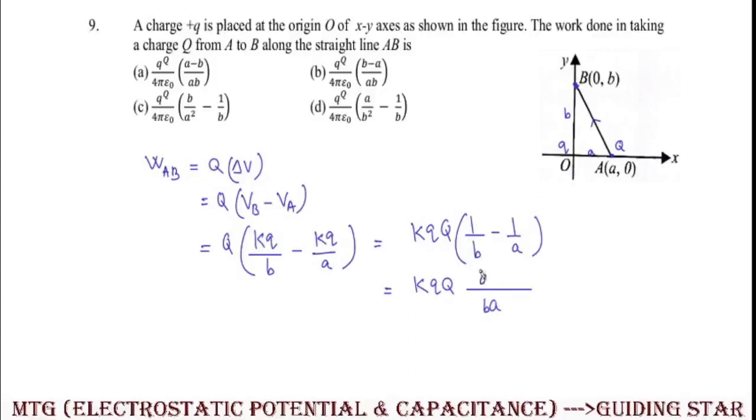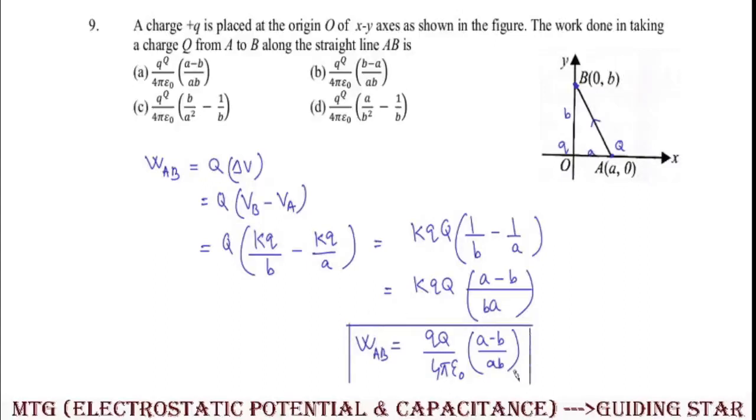So finally, in this case, Qq by 4 pi epsilon naught times (A minus B) by AB. So this is the work done while moving the charge from A to B. Qq by 4 pi epsilon naught, A minus B by AB, the first is the correct one.